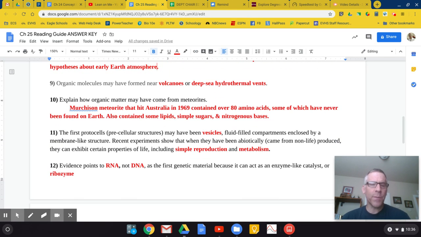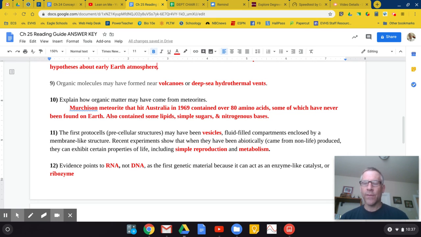Down to number 10, explain how organic matter may have actually come from meteorites also. So we have research from a meteorite that hit Australia in 1969 called the Murchison meteorite. And it actually contained, on that meteorite that came from outer space, over 80 amino acids. Remember, we have 20 amino acids that make up life here on Earth, but there were over 80 amino acids on that meteorite.